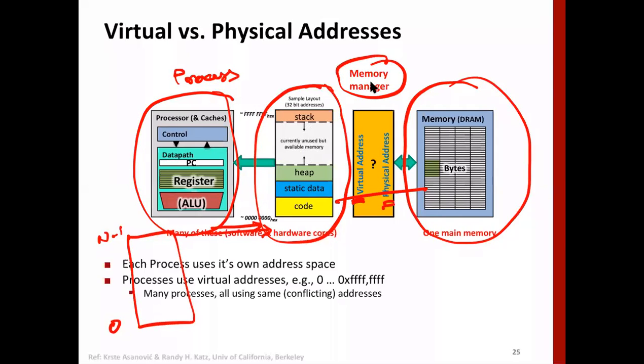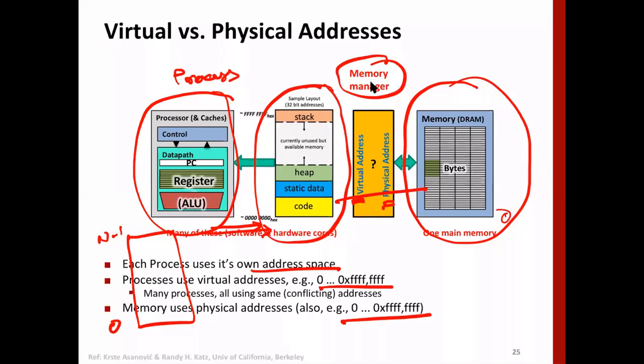Each process uses its own address space, and physical memory is only between 0 and whatever is ff, depending on the size of that.